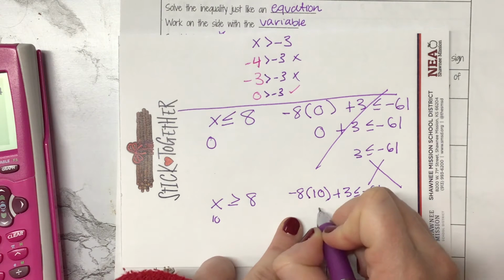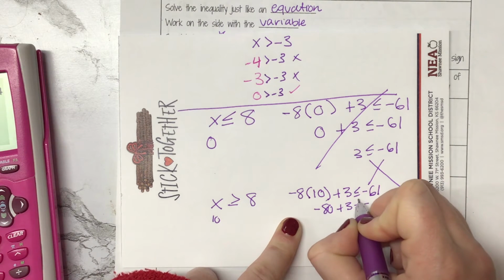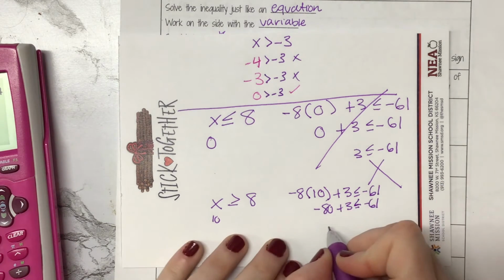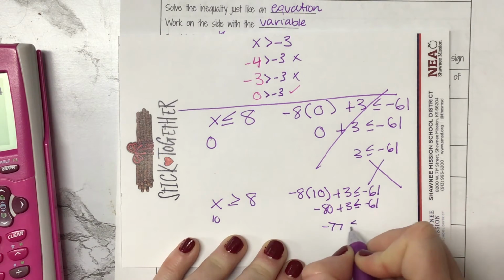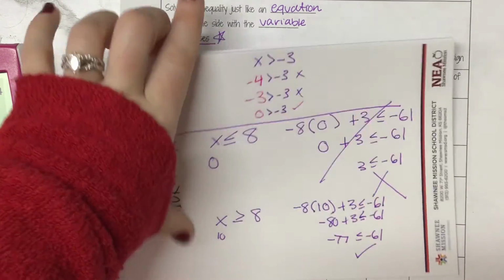Negative 8 times 10 is negative 80. Okay. Negative 80 plus 3 is negative 77. Negative 77 is less than or equal to negative 61. So when I flip the direction of my symbol, it works.